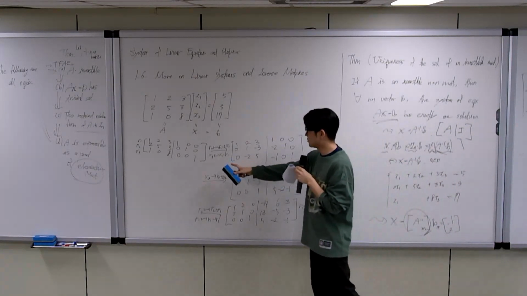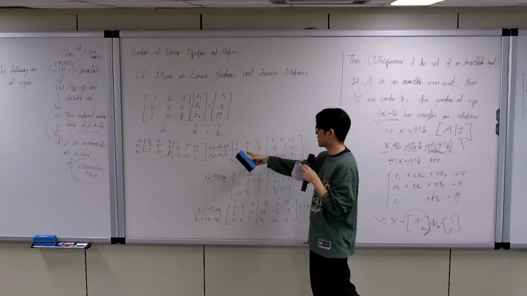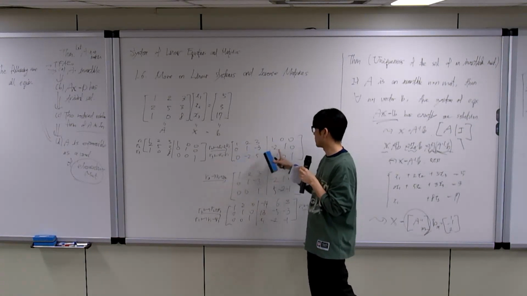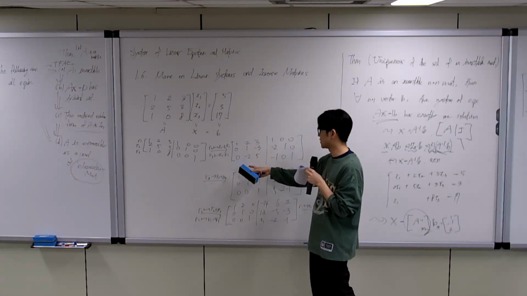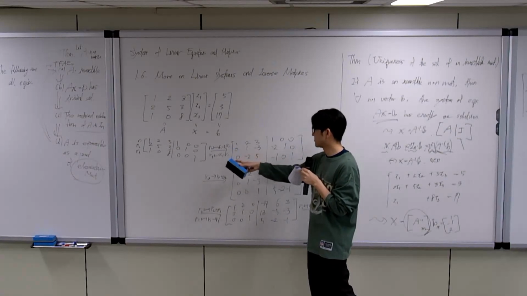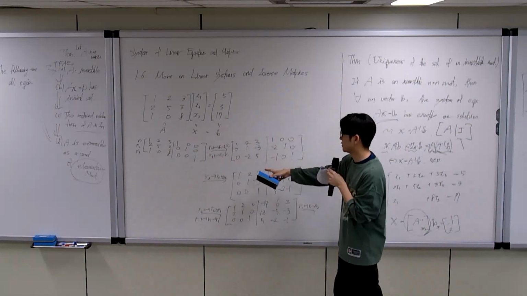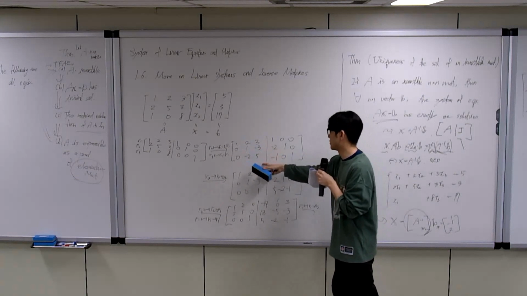R2 minus 2 R1, minus 3, minus 2, and 3 to 3 minus 1, minus 2, minus 1, minus 2, 5, minus 1, 1.